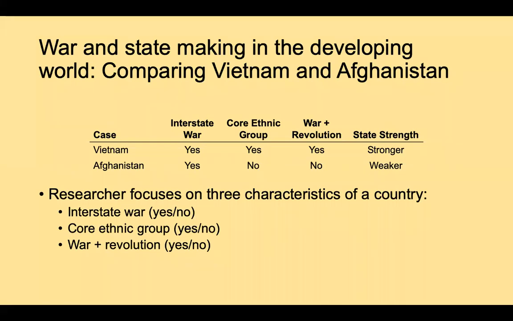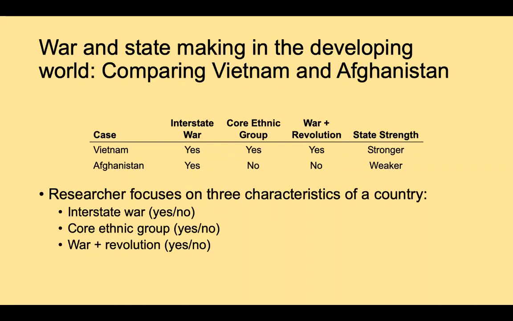But what Vietnam and Afghanistan tell us is that in the developing world, as in Europe, there may have been an important role for two additional variables that made it so that the war making had the effect that we expected it to have. The first variable is the existence of a core ethnic group that had already established some national solidarity and some basis for nation building in the future.